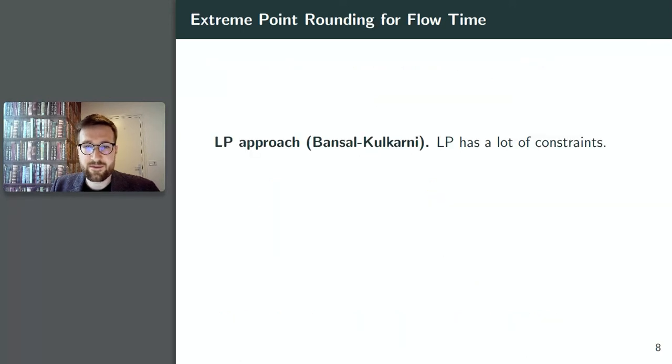And what Bansal and Kulkarni, who gave the best approximation algorithm previously to our work, had done was they wrote an LP with exactly these types of constraints and assignment variables similar to the makespan case. Then what you get is a solution that is much less sparse, because the LP has constraints for all intervals, which are much more than just having a constraint for every machine.